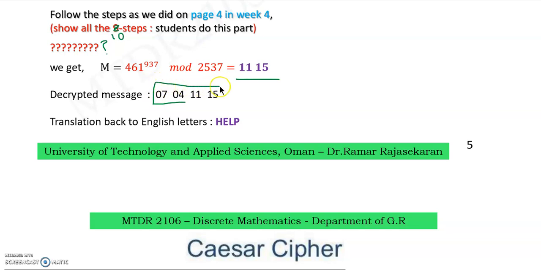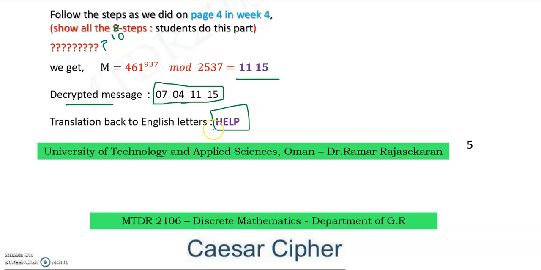That is 07041115, the real decrypted message. But we have to convert it into the real text message. That is the translation back to English. That is nothing but HELP. This is your real plain text.